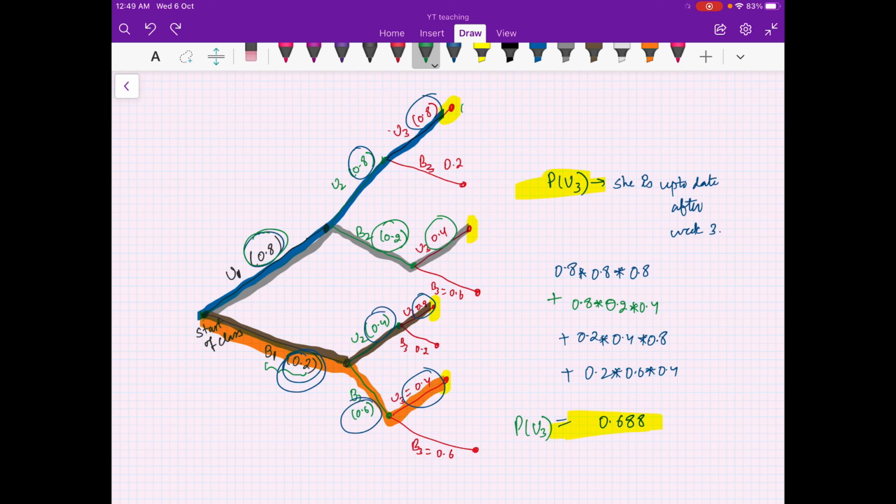So we had 1, 2, 3, 4, 5, 6, 7, 8. 2 raised to power 3 final nodes. And suppose I ask you what is the probability of up to date or being behind after 20th week. Then you will have 2 raised to power 20 nodes. And that is very difficult to compute. So this tree approach is not good when you have to go for a long time. Like you are going from first week to 20th week.